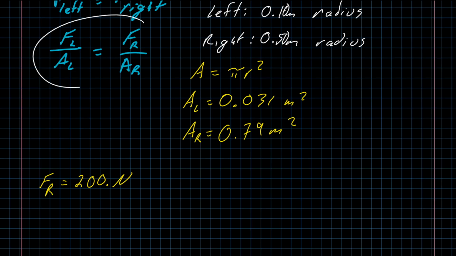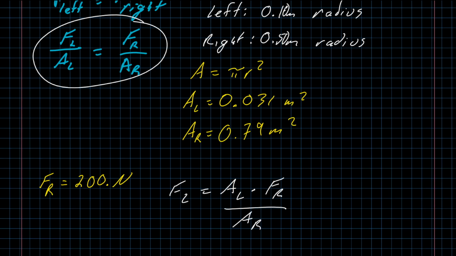Well, rearranging this formula, we get that the force on the right is equal to the force, I'm sorry, that's not what I'm trying to solve for. I'm really making a mess of things today. We can write that the force on the left is equal to the area on the left times the force on the right divided by the area on the right, just multiplying both sides of the equation by the area on the left.